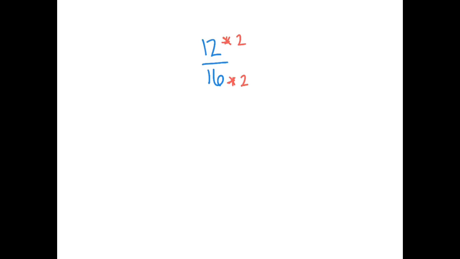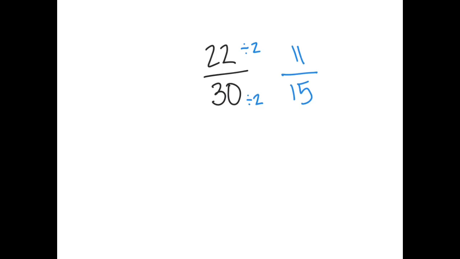I do this because it's easy for me to double numbers. 12 times 2 is 24, and 16 times 2 is 32. So 24/32 is equivalent to 12/16. This is also equivalent to the fractions we found earlier, 3/4. So to find a fraction with a larger denominator, you just multiply.